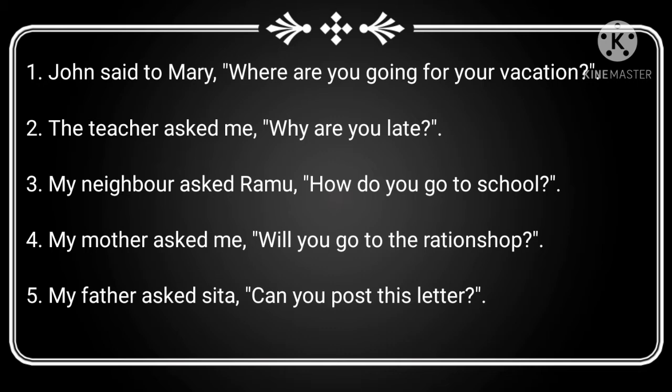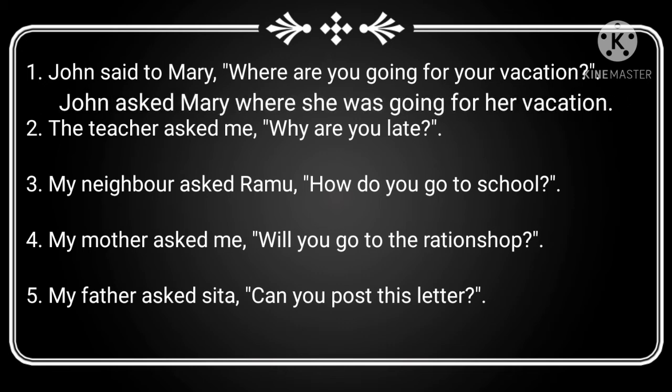So here the rules are the same as those followed while converting statement sentences. So present tense changes into past tense. She is singular, so we should add was after she. Now we got the indirect form of this sentence: John asked Mary where she was going for her vacation.